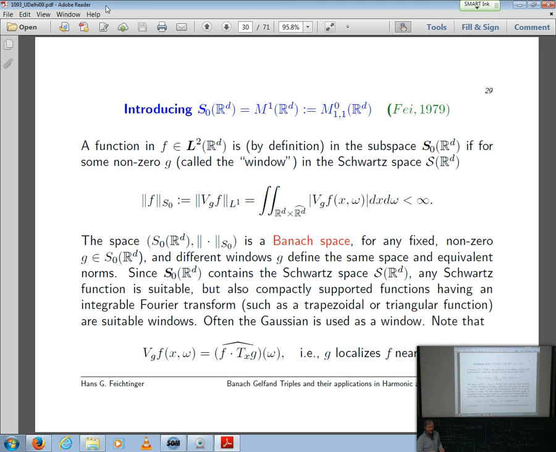And we had a discussion, Mats and I. In the general group, there is no canonical window, but on the real line and Euclidean spaces, it's very reasonable to choose the Gauss function, a normalized Fourier invariant Gauss function. That's probably the best choice for defining the space, because then some properties come out for free.